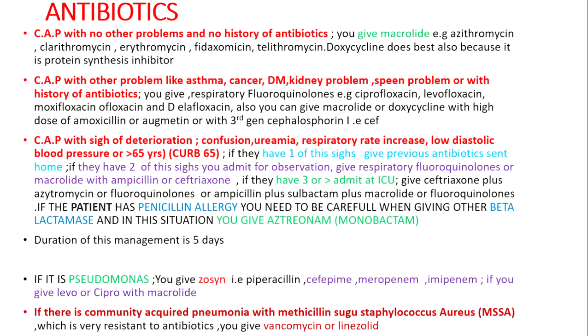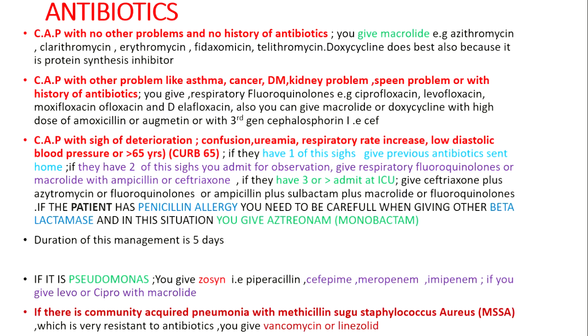So these are the drugs when a patient has a community-acquired pneumonia with MSSA. So that is it. You give vancomycin or linezolid. These are the management of community-acquired pneumonia.